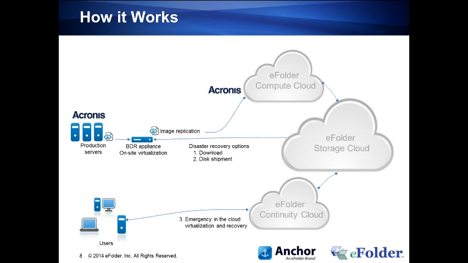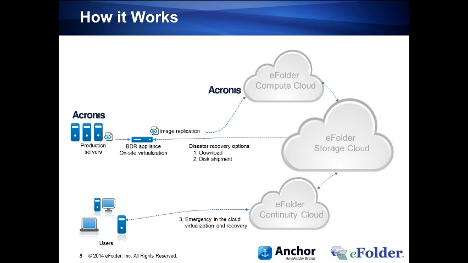That BDR appliance, of course, serves as a storage node or a storage vault locally to that environment where you can send the backup images, and then you have a local backup location. On that BDR appliance you're able to virtualize those server images when and if there's a hardware failure or software corruption of some kind on the production servers. So that gives you the ability to do on-site recovery.